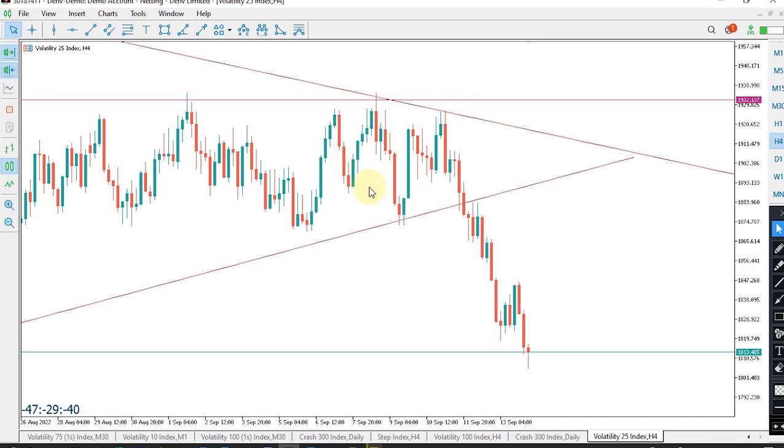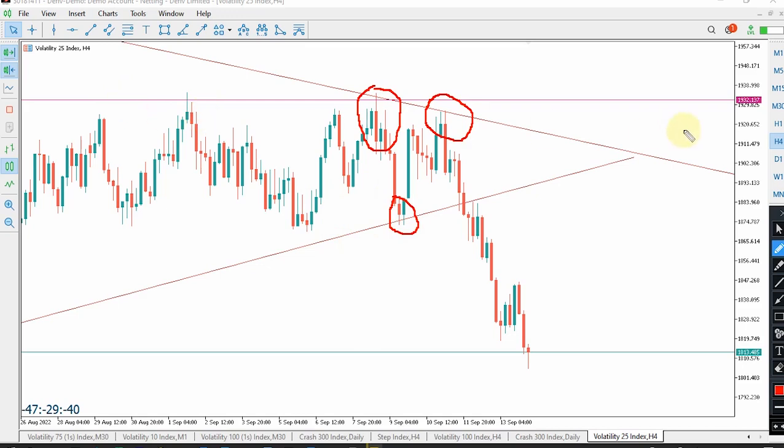So what happened is that the touch strategy started from this place, despite hitting this portion. Although it came down, but the uptrend here reversed the market.